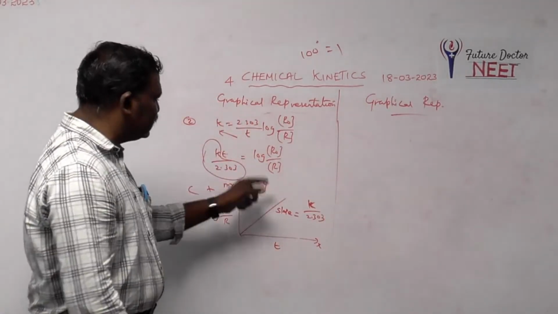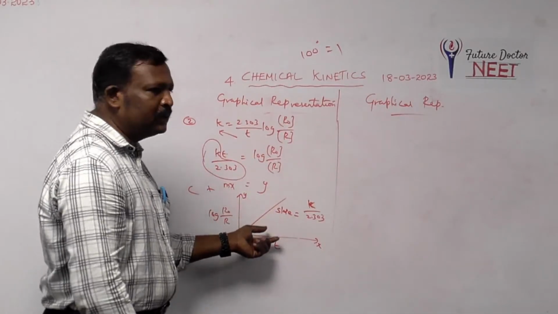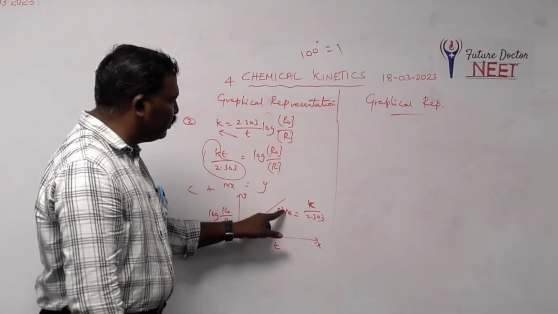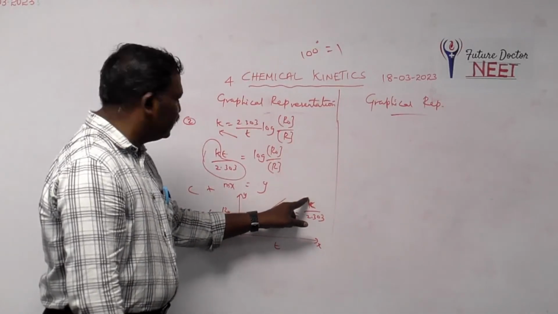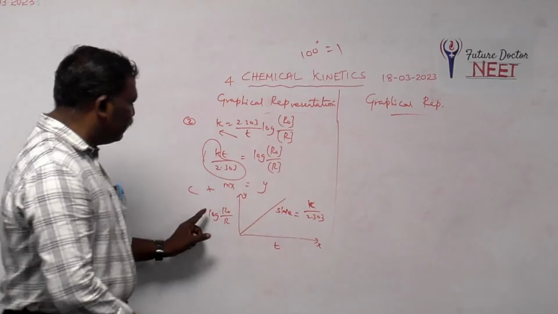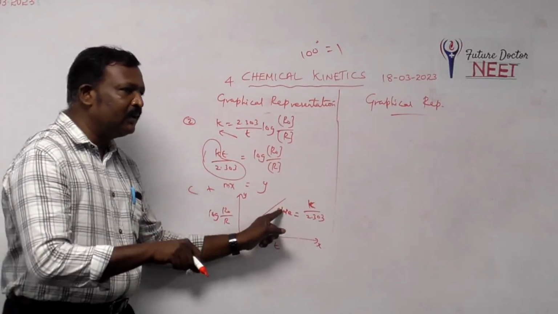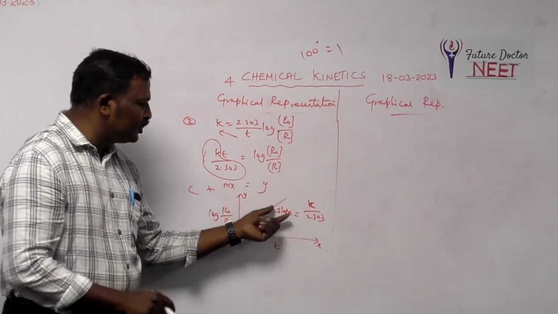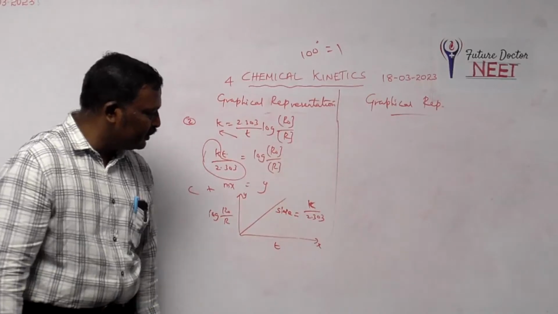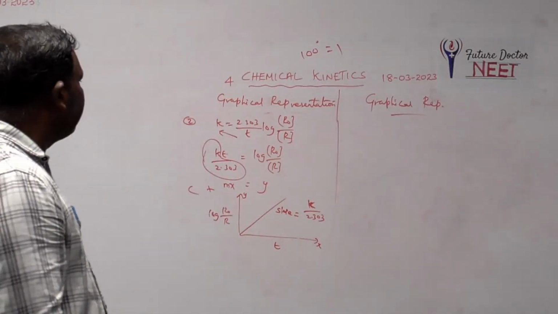This will be asked directly as a problem-based question. The slope is given, what will be k? So when log r naught by r versus t, the slope is k by 2.303. You must know the slope formula. Okay, do it.